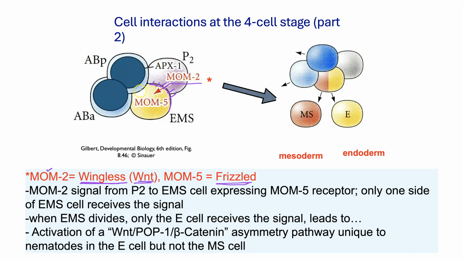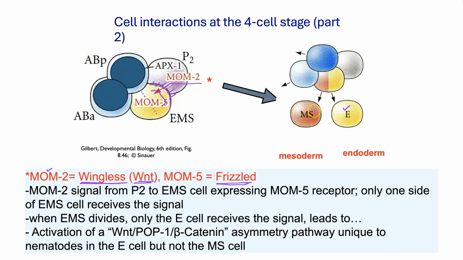So when this cell then divides, the second messengers from the Wnt signaling are mainly on this side. And so after the cell divides, the one that had been receiving really strong MOM2 Wnt signaling develops as the E cell, which forms endoderm, the gut.